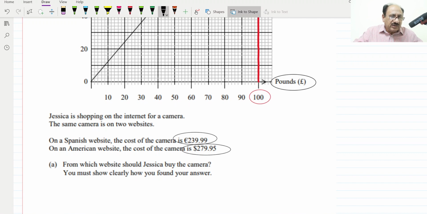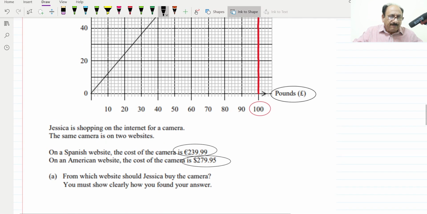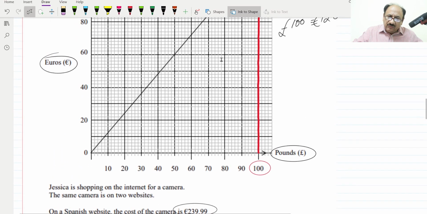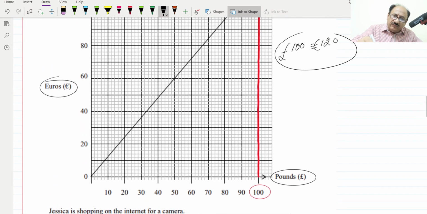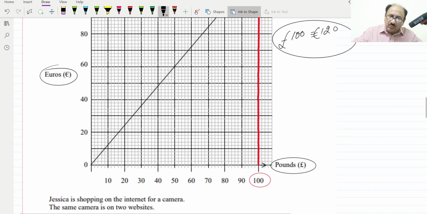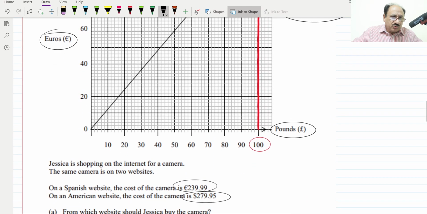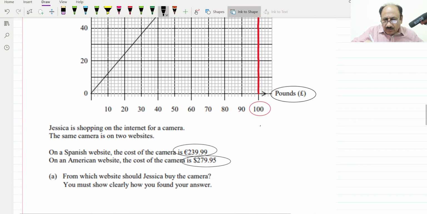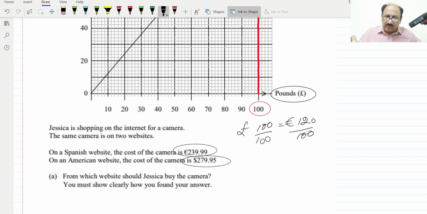Now we can check from here, this conversion ratio which we identified, we will be utilizing this one. 100 pound is equal to 120 euros. So we can write here 100 pound is equal to 120 euros. And if we have to find the conversion ratio, we can divide both sides by 100 and we will get the conversion ratio.